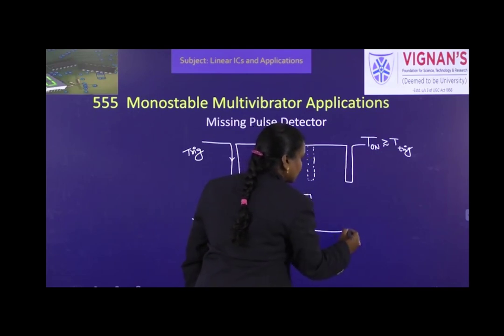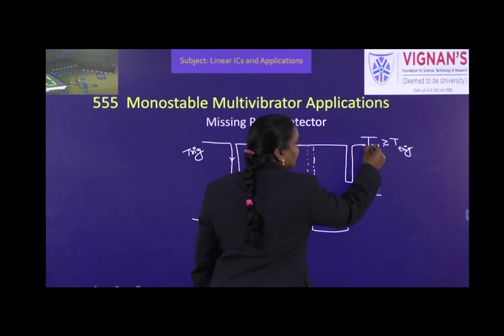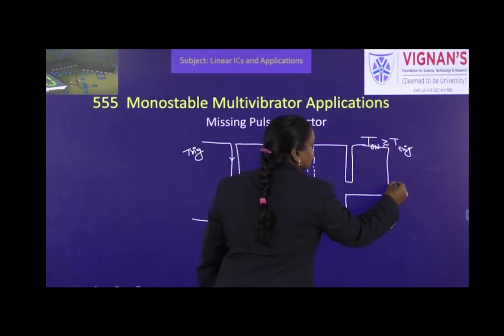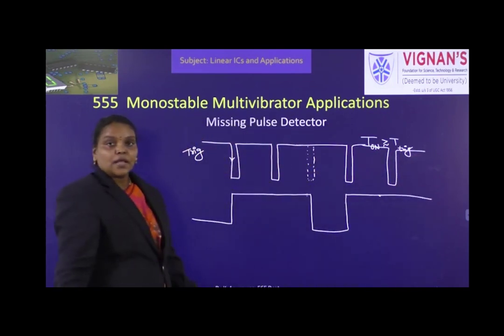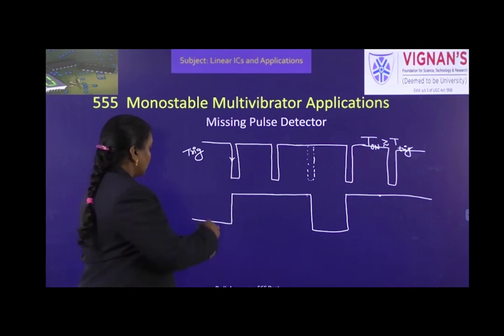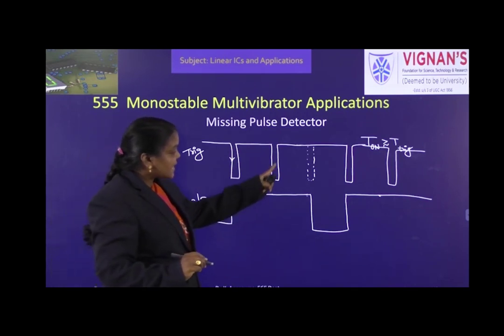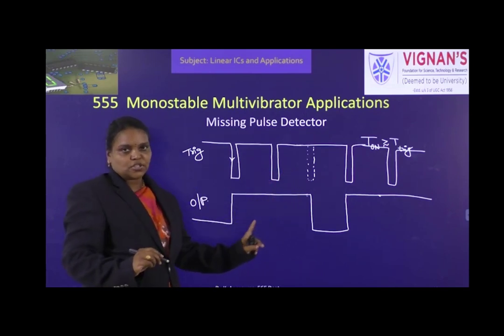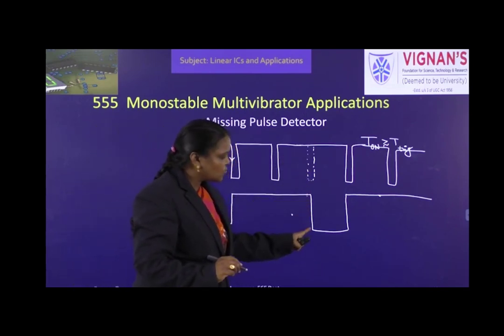And whenever it receives the next trigger pulse, it goes high. If it continues to receive the trigger pulses, it will be in the high state only. So by seeing the output, we can say whether any pulse is missing or not. Here the pulse is missing, that's why the output goes low.